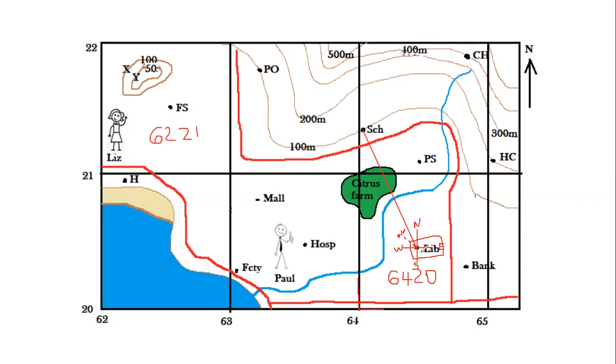All right. So when Liz is walking from the library to the school, she has to walk in a north-northwest direction. All right. So again, we have helped Liz to go from the library to the school.